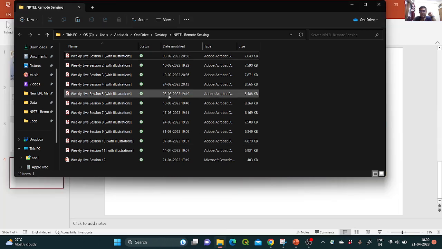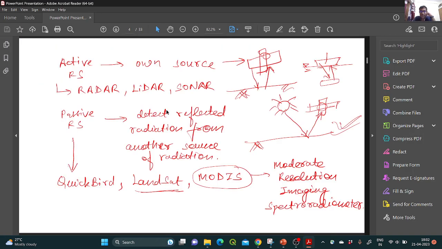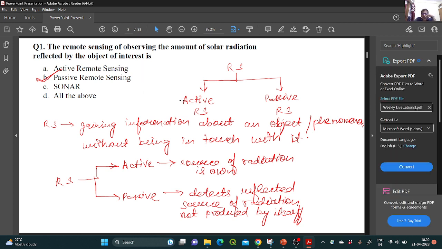So in the weekly live session one, we discussed what kind of remote sensing it is. There's a basic difference between active and passive remote sensing. In active remote sensing, the actual sensor also emits its own source of radiation, and it then detects the radiation which is reflected back from the Earth's surface.